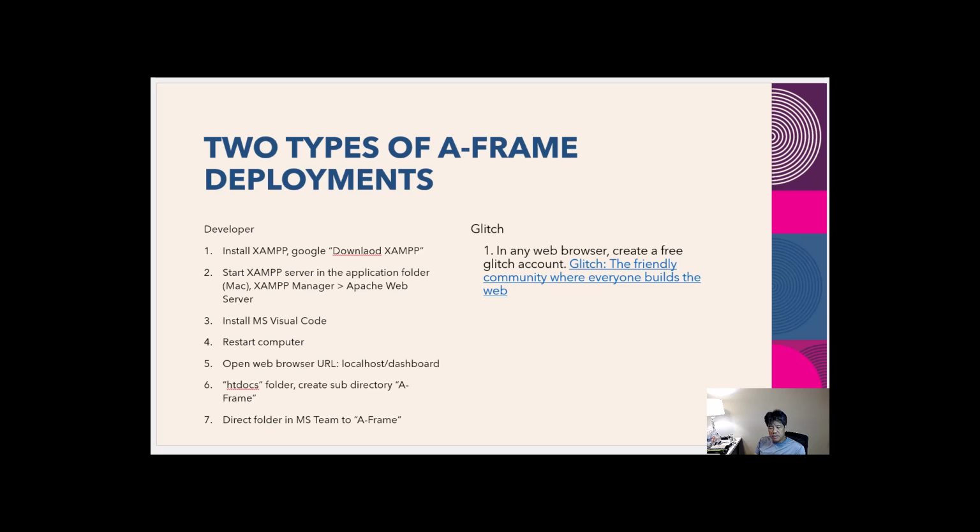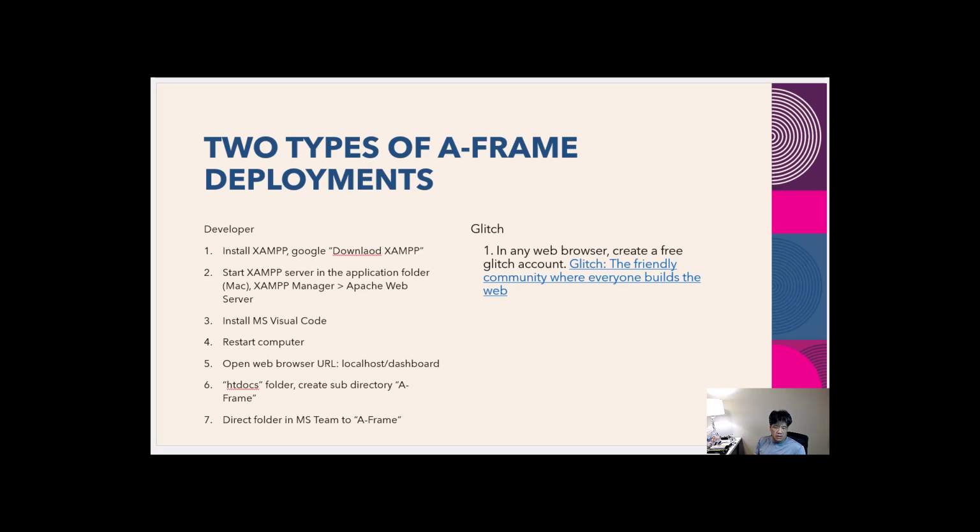Step number 5, you're going to go in and type in localhost/dashboard. That's where everything is stored under a subdirectory called the htdocs folder. Underneath that, you're going to create a subdirectory called A-frame as well. In the long run, that's what you have to do, run this Apache web server. It's going to pick up this virtual environment.